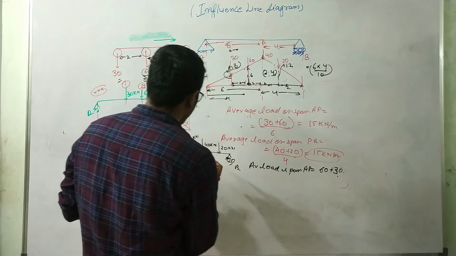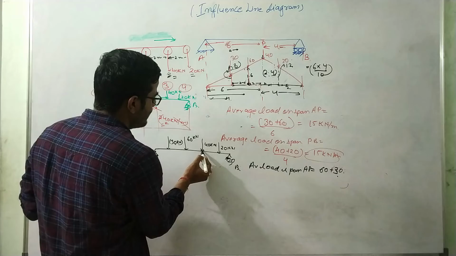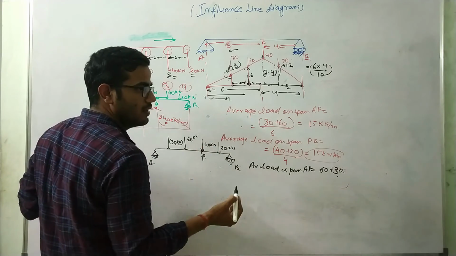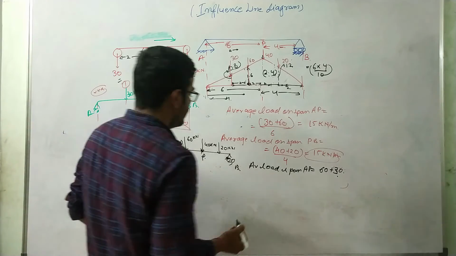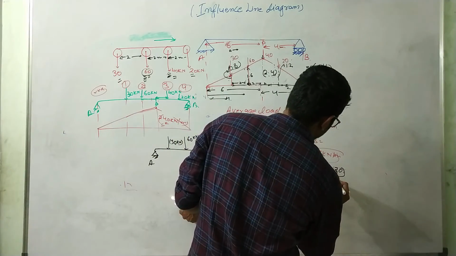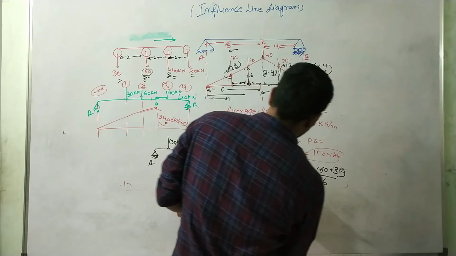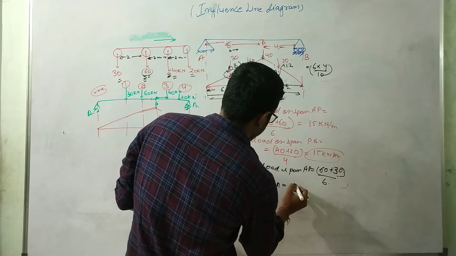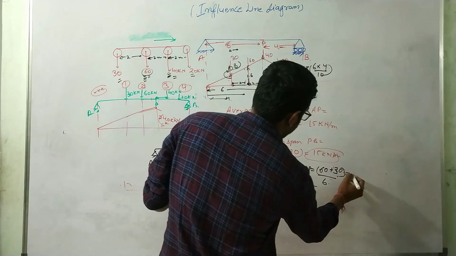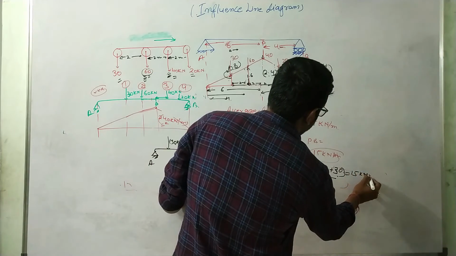I'm assuming it is just to the right of point P. So this span AP will again equal 6 meter, and for span PB it will again be 60 plus 40, 15. So here also it is coming 15 kilonewton per meter.